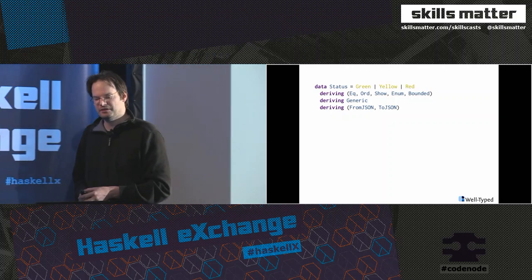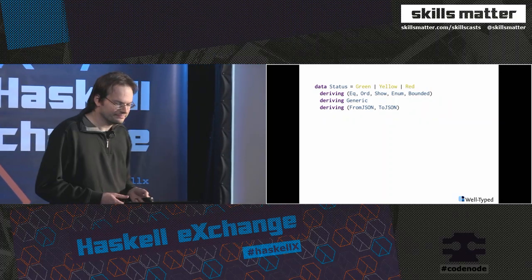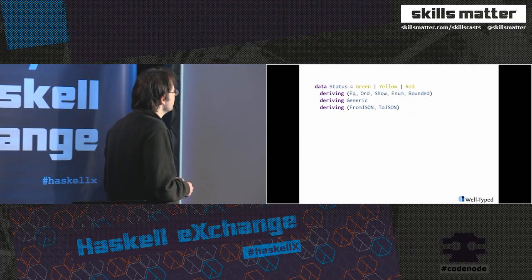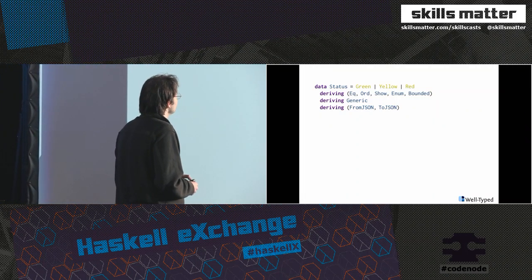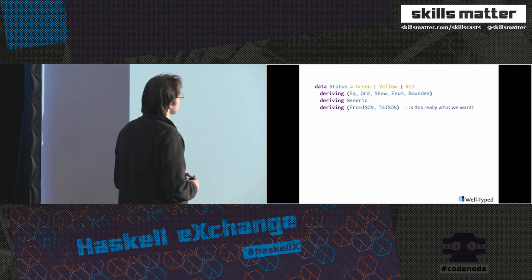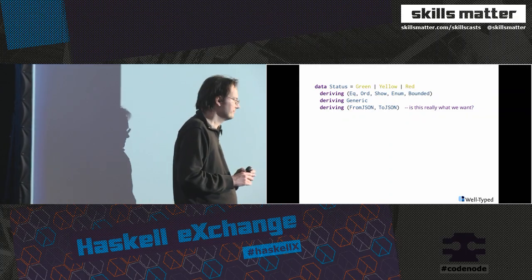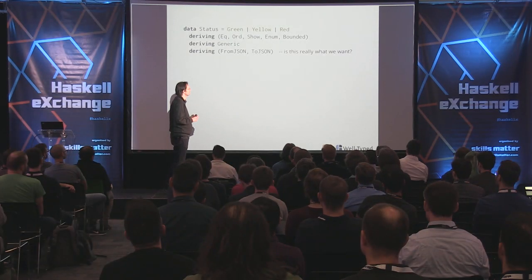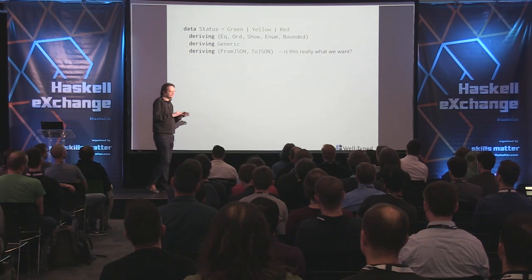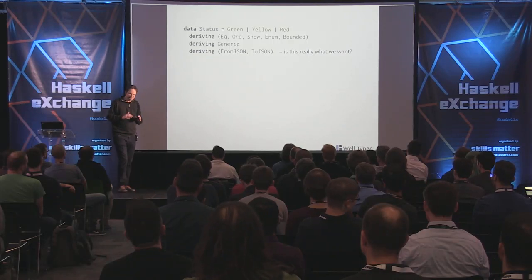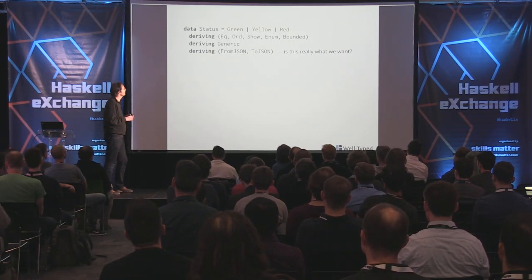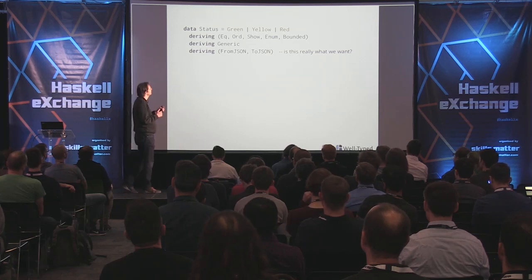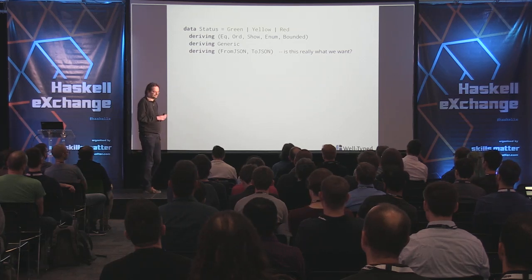Of course, it's quite nice if people can give these definitions, but even in a situation like this, it's not always clear whether we get really what we want. For very basic classes, you might be able to argue that most of the time what you get derived by Eq or Ord or Show is actually what you want.